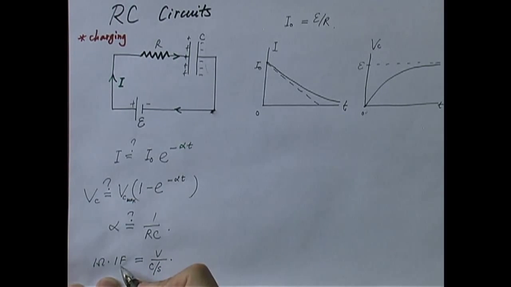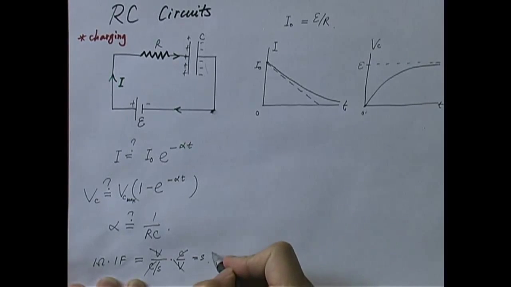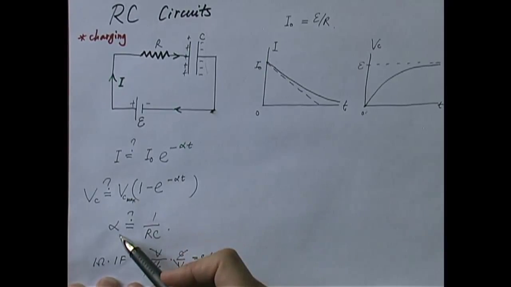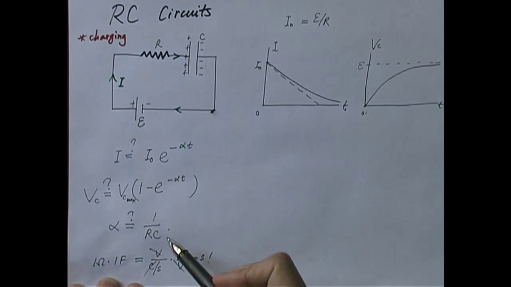Farad is the unit of capacitance, which is charge divided by potential, so coulomb divided by volt. You see, C and C cancel, V and V cancel, leaving 1 over 1 over second, which is in fact second. So that makes sense. At least dimensionally speaking, alpha should go like 1 over RC.